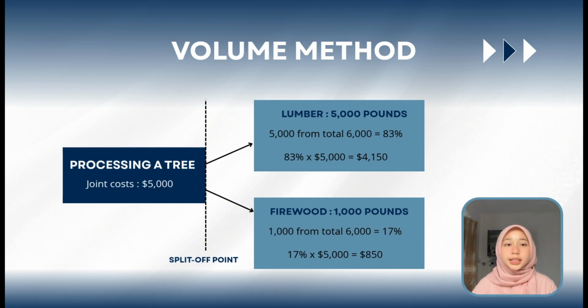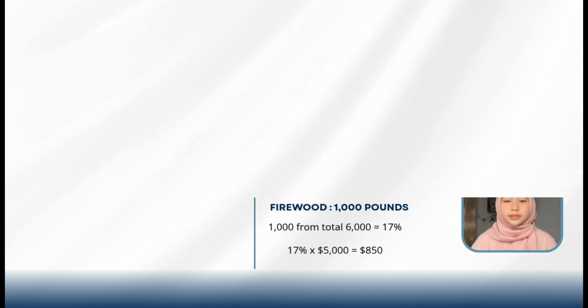So, multiplying this 83% by our $5,000 joint cost gives lumber a cost allocation of $4,150. Meanwhile, for firewood, it represents 17% of the total weight. So, it absorbs a cost allocation of $850.